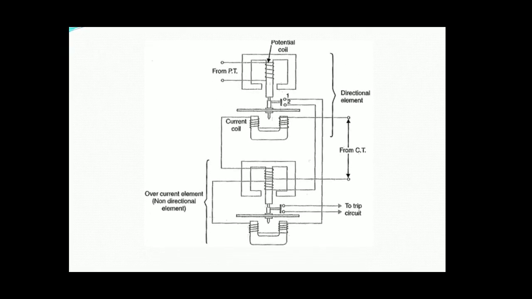This is the constructional diagram of a directional overcurrent relay. It consists of two sets of power relays: first the directional element and second the overcurrent element.